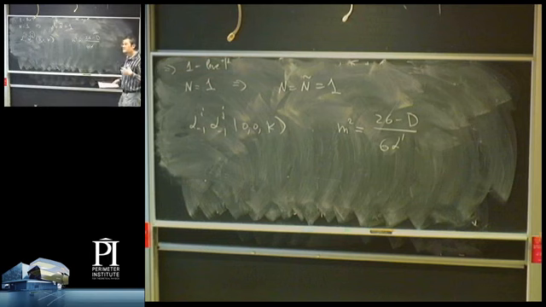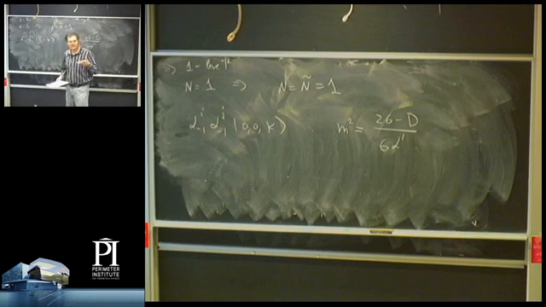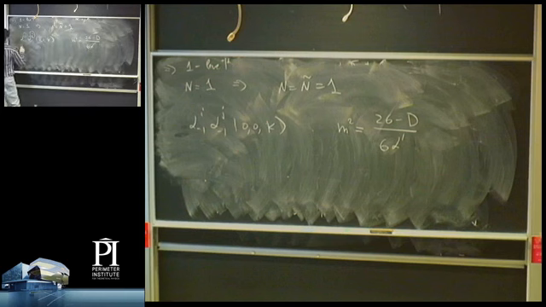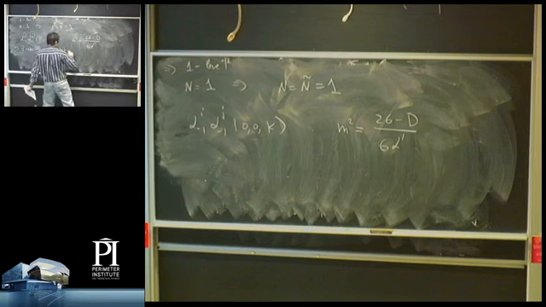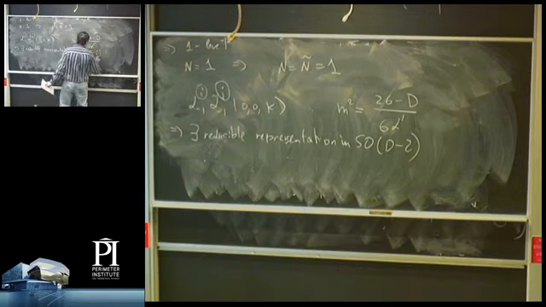First of all, we figure out that there is no irreducible representation of this dimension, but there exists a reducible representation in S O of d minus 2.